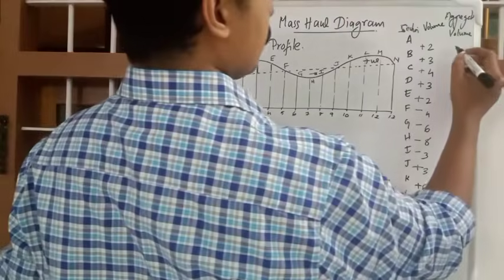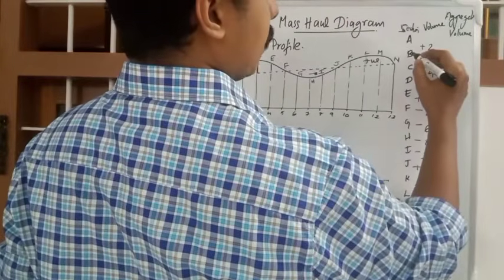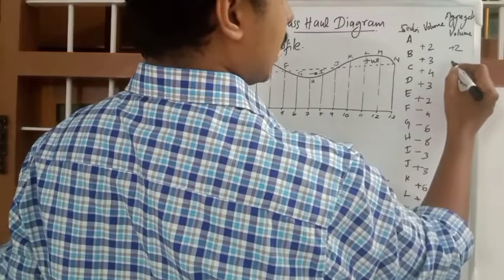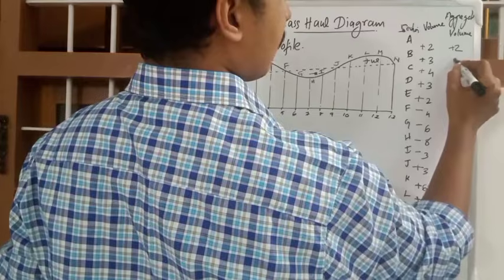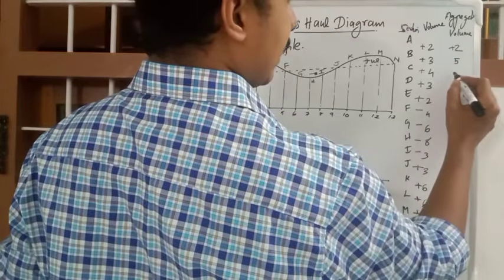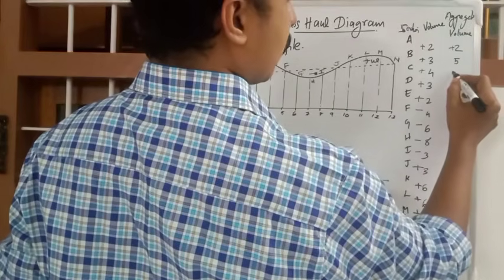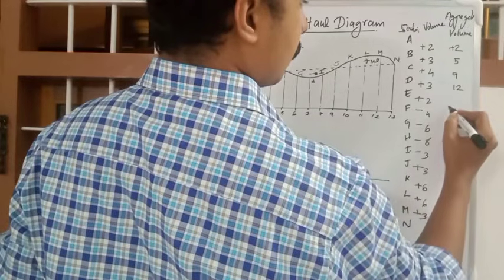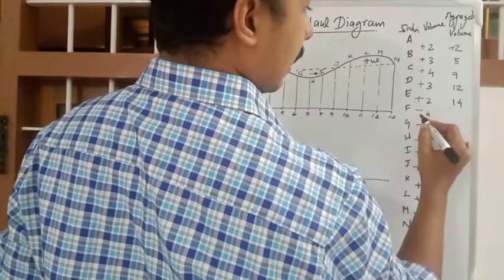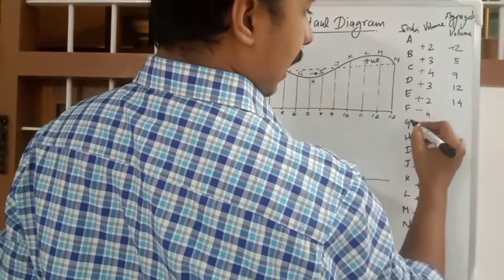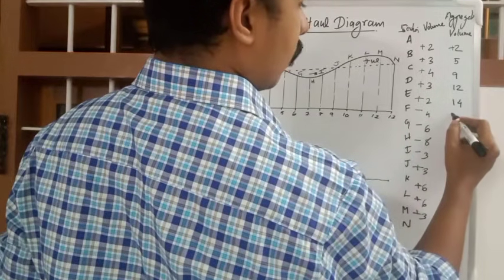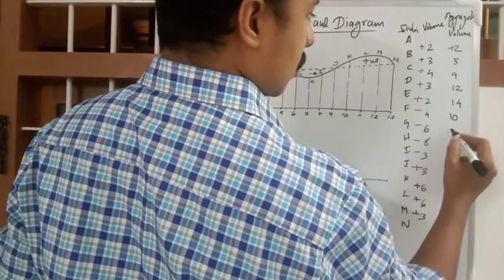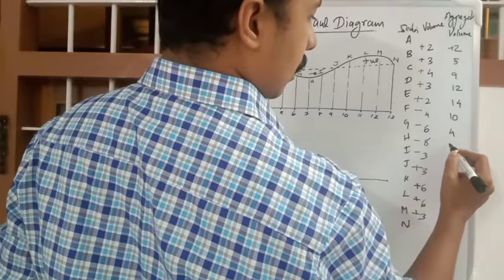So for this volume, A to B, until B it will be plus 2, until C it will be 2 plus 3, 5, until D it will be 5 plus 4, 9, 12, 14. Then considering the sign at G, the section and aggregated volume will be 10, minus 6, 4.